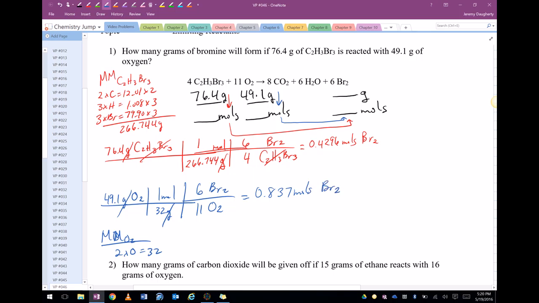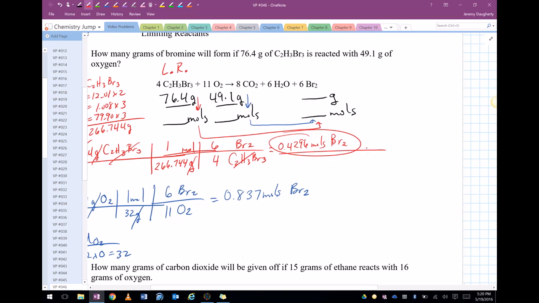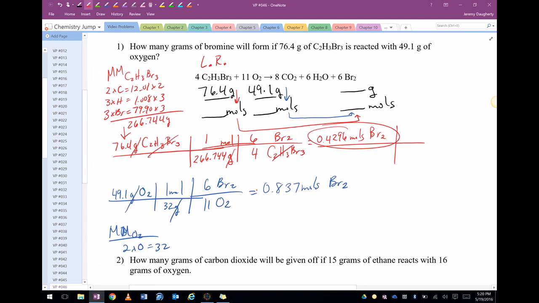Okay, so this is the lesser amount. I have fewer moles of bromine that come from the C2H3Br3, so that's my limiting reactant. I'm just going to put an LR on top of it to let me know. And then this is the value that I want to use to get grams of bromine. I will never use this other number, never.